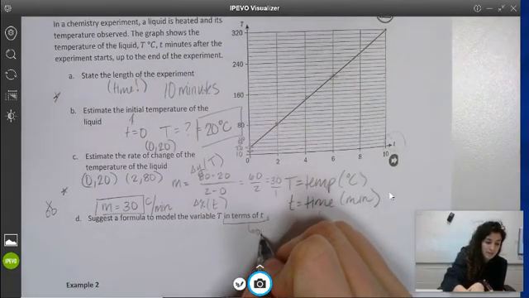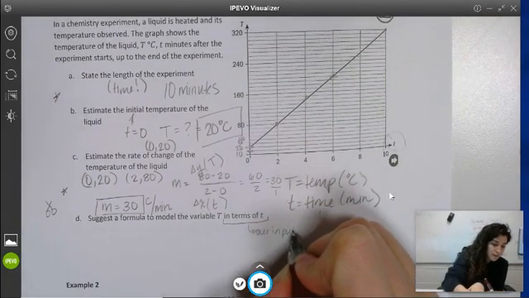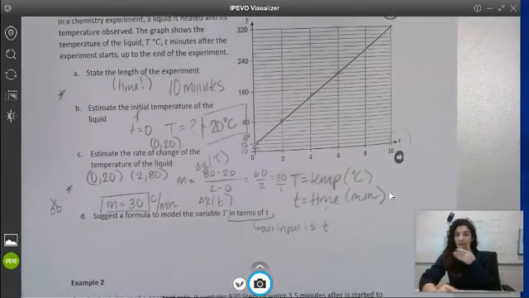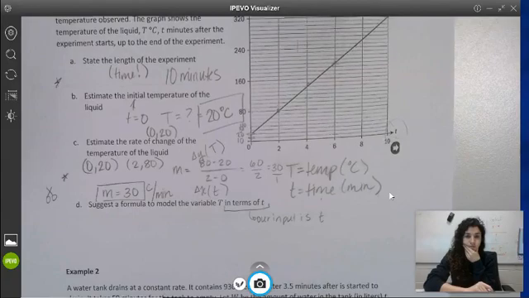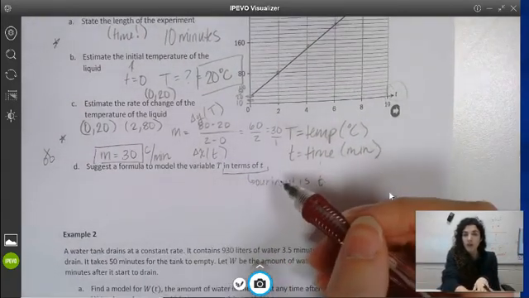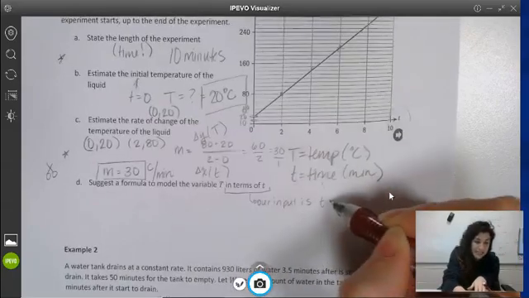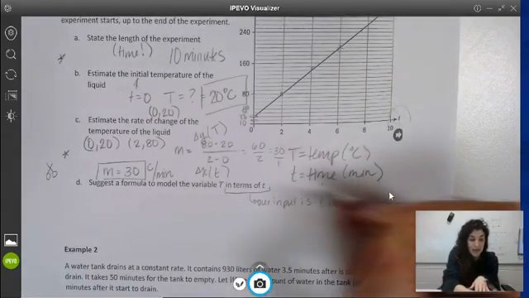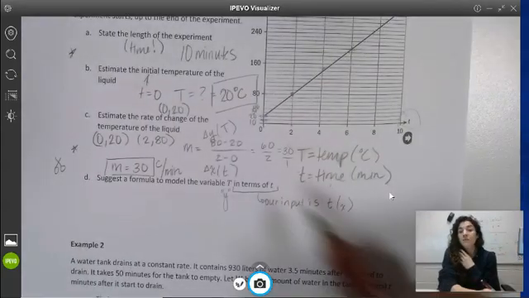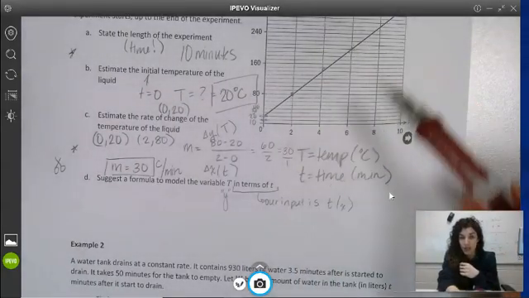Our input is t. So if I wanted to create an equation where t is my x and uppercase T is my y, I need to go ahead and create an equation of a line.